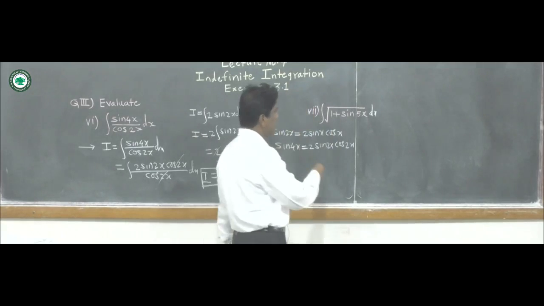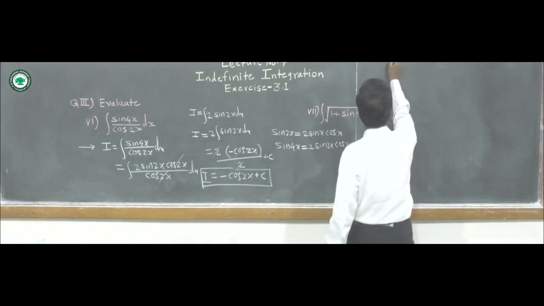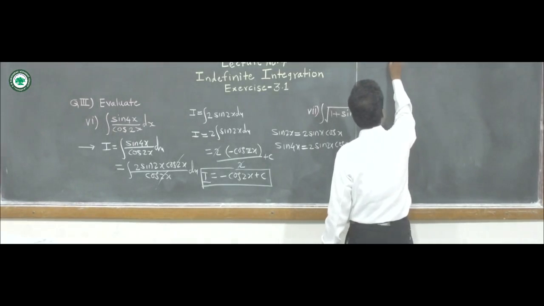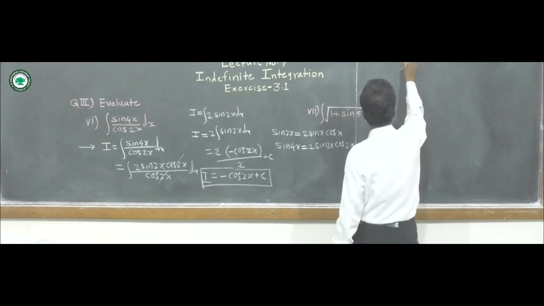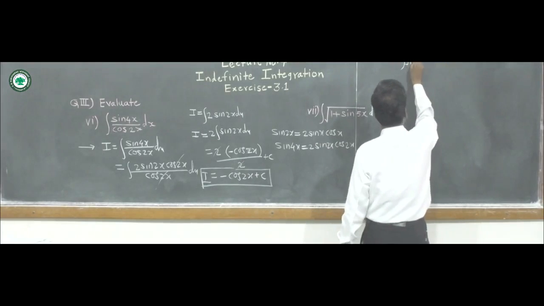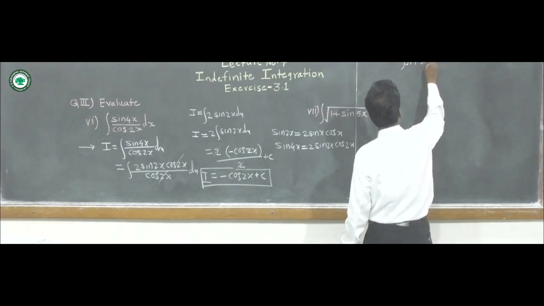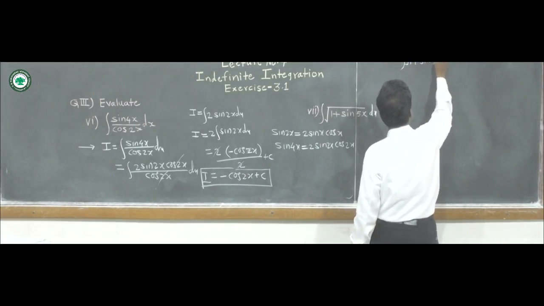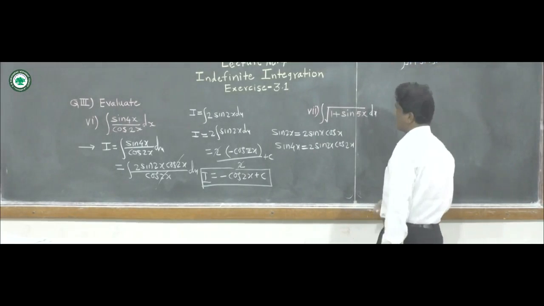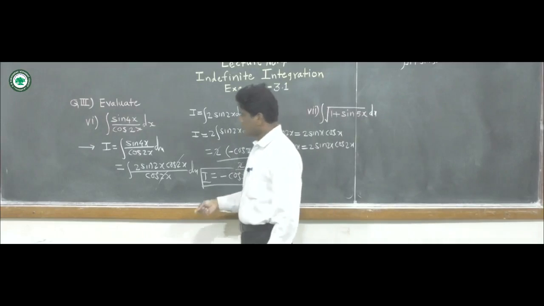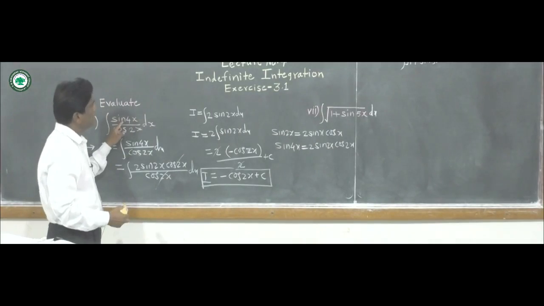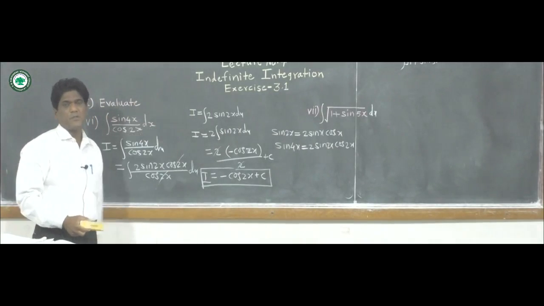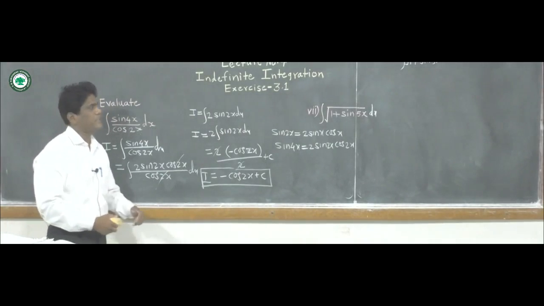Firstly consider I is equal to integration of root of 1 plus sin of 5x dx. Now in the 6th problem we had sin of 4x, so we used the formula for sin of 4x. Similarly we use the formula for sin of 5x.